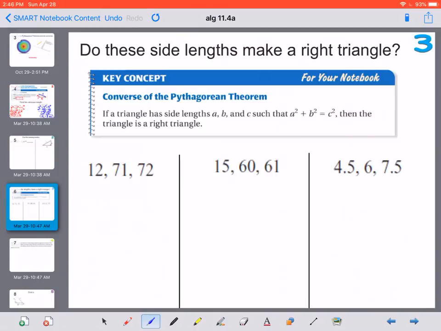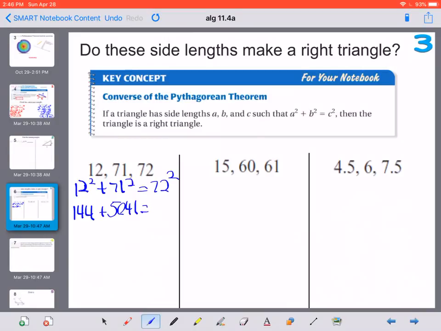So what we're going to have then is 12 squared plus 71 squared equals 72 squared. So we're going to do that then. 12 squared is 144. 71 squared, I'm going to put that in my calculator, gives me 5,041.